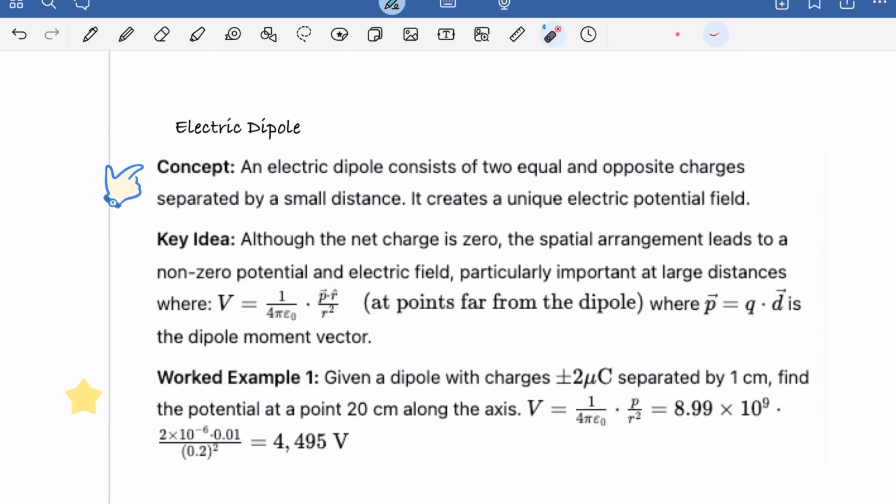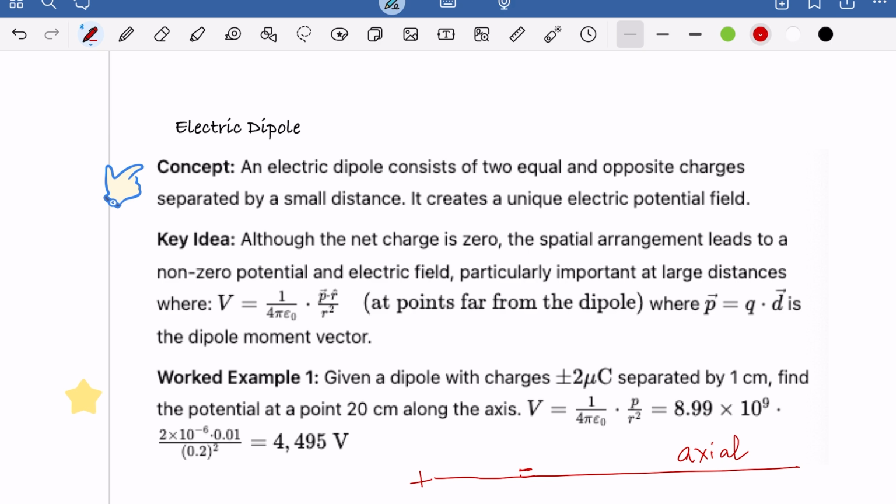All right. Electric dipole, we have looked at an electric dipole before. We know it consists of two equal and opposite charges separated by a small distance. Now, the potential field that it sets up is unique. And there are two formulas that I want you to know. One is the potential on the axial line. So if you had the dipole like that, and you were looking at electric potential on this line, that's called the axial line.